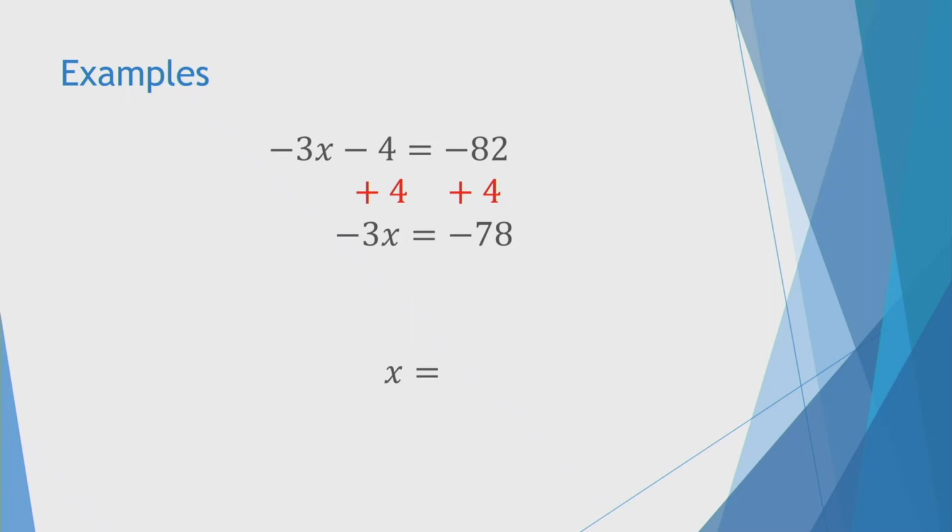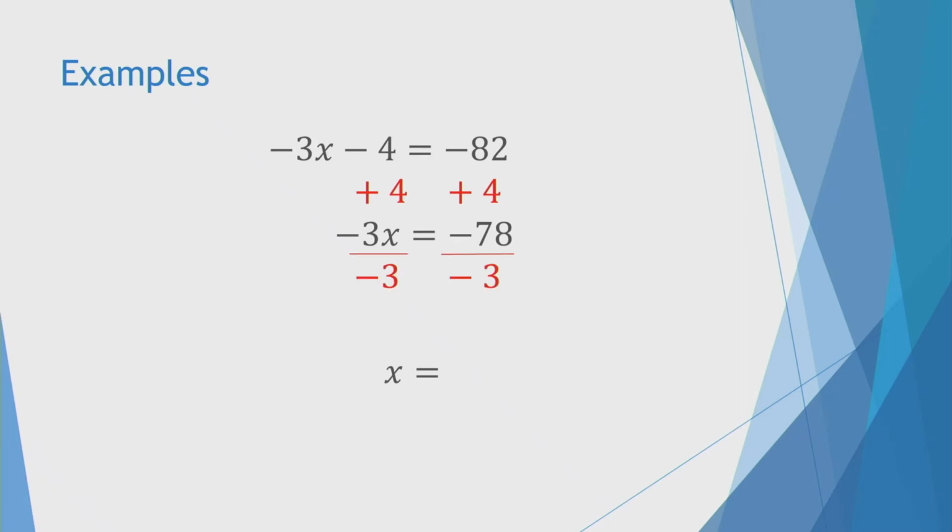Much like the last problem, we have negative 3x equals negative 78. That negative 3 is our coefficient, and the x is our variable, so we need that variable by itself. The coefficient is attached to the variable through multiplication, so we're going to do the opposite or inverse operation, and divide both sides by negative 3.